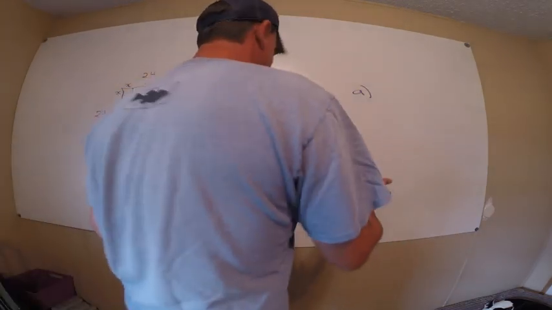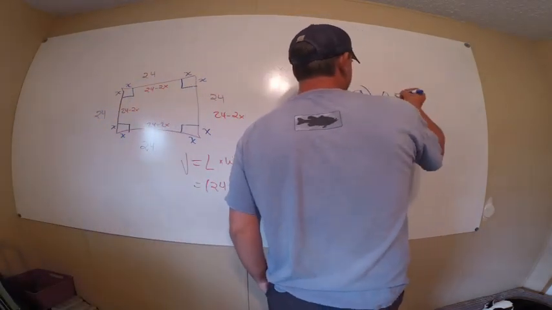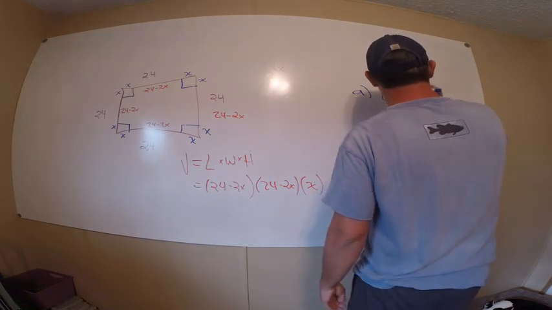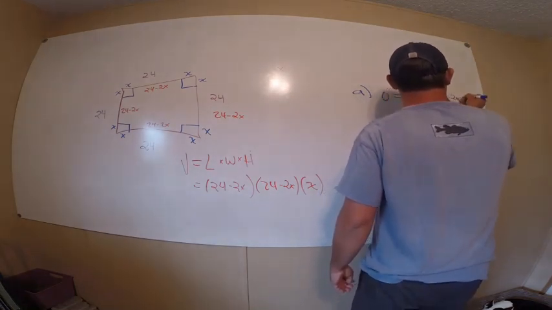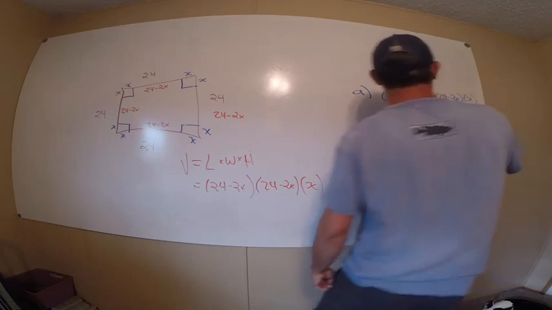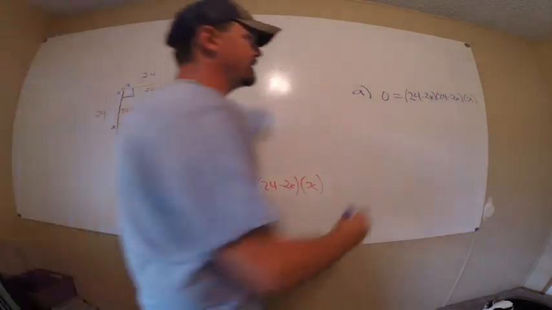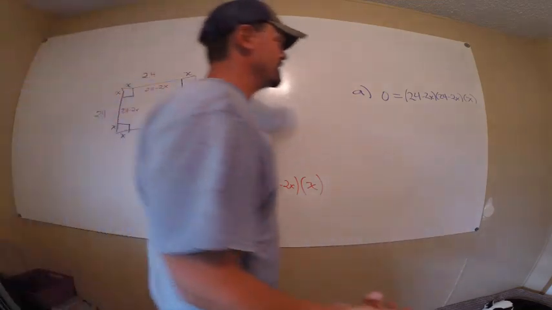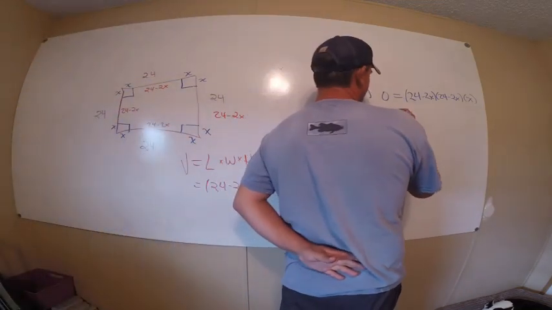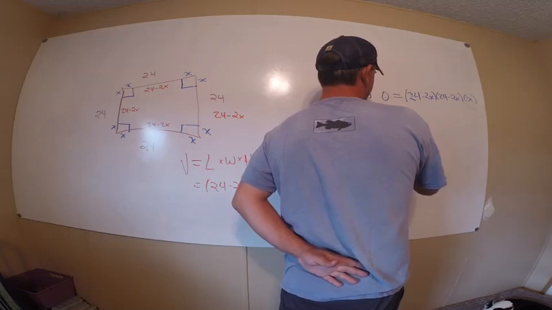To get on to part A, if we want to find what gives a volume of 0, we take the formula, we set it equal to 0. Each of these individual pieces, any of those individual pieces equals 0, and we're going to have a volume of 0. So 0 equals 24 minus 2x.